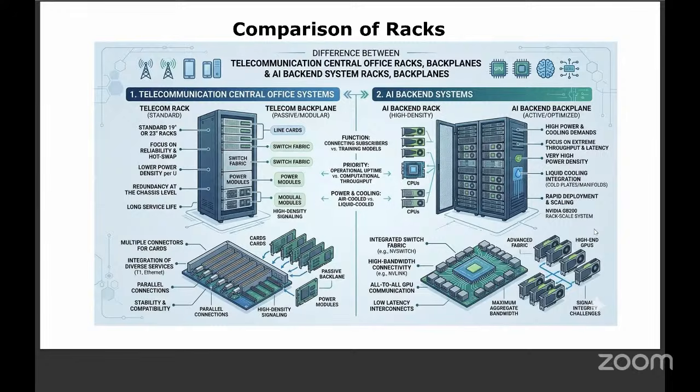What in our company previously we called a central module and a base module. 32 base modules we used to aggregate with one central module that used to do the core switching. The same architecture may differ from company to company, but the concept is the same. There will be a telecom rack and there will be line cards, switch fabric, and power modules, then protection, grounding.